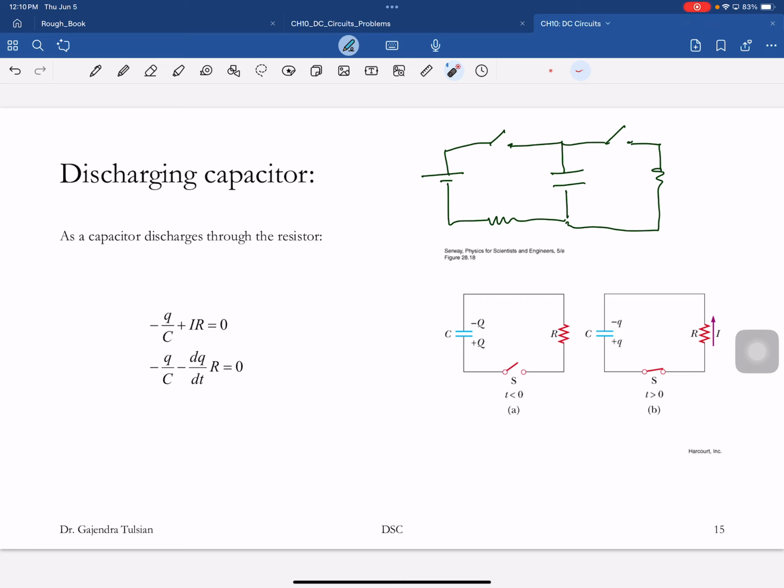So now we're going to discharge this capacitor through our load. The capacitor is fully charged. As soon as you close the switch, there's going to be a current this way.